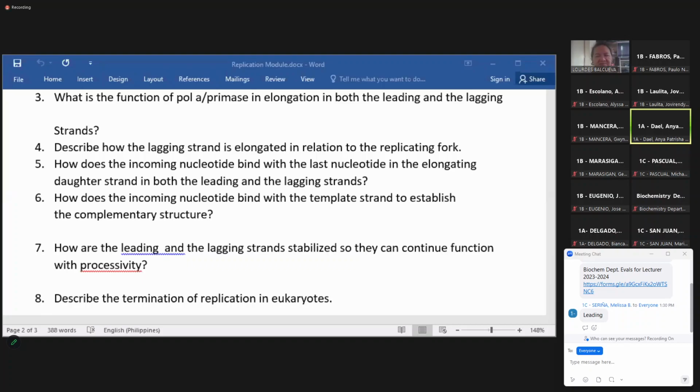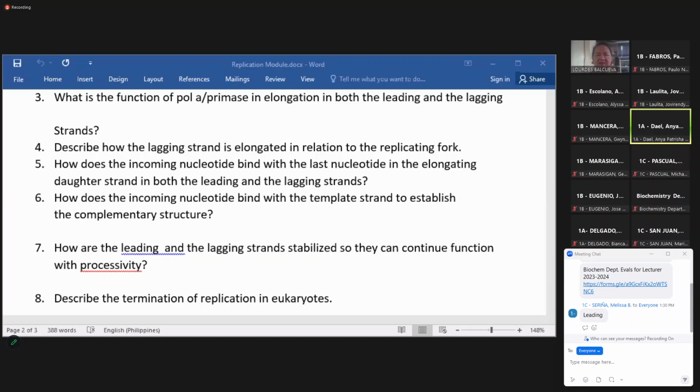The process is similar to the leading strand, only the result is Okazaki fragments. It needs DNA ligase to seal the nicks in between the different fragments.